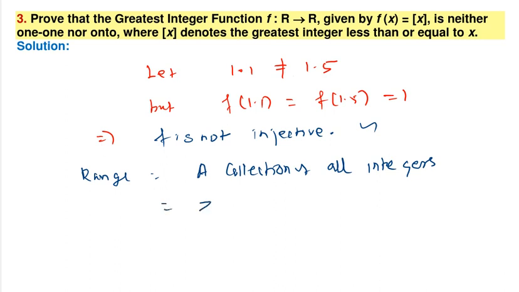That is range equal to Z. Z is a subset of the codomain R. So the codomain is not equal to the range.